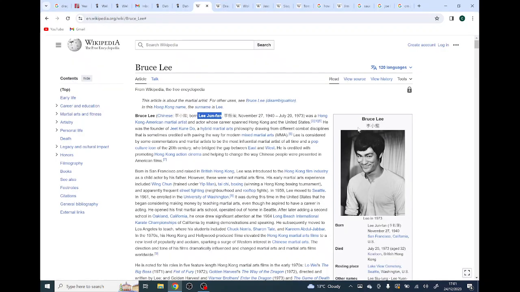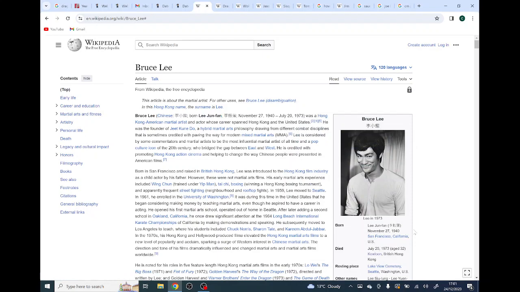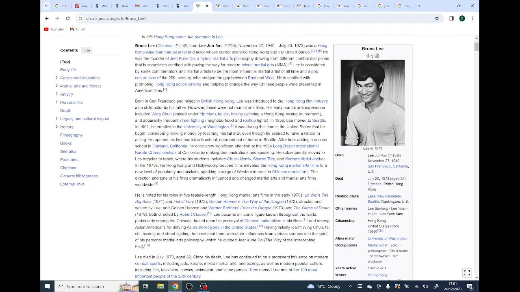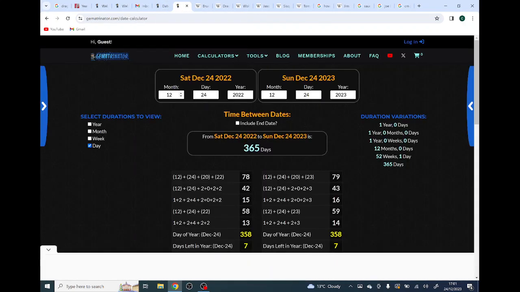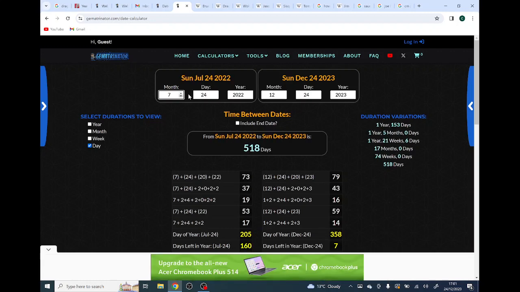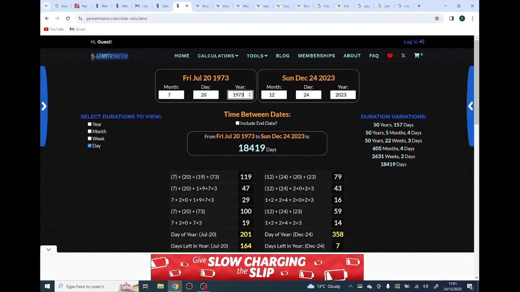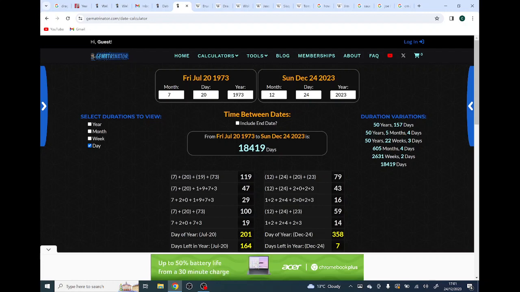But obviously he was born on the 27th of November 1940, and he died, funny enough, on July 20th 1973, which is 50 years ago now. And the significance about July the 20th is it is the 201st day of the year, and that's a very important number to the elites, if you want to call them that, or the apex predators.